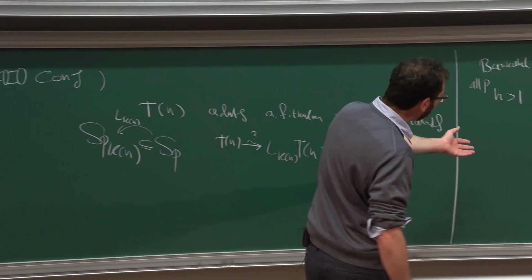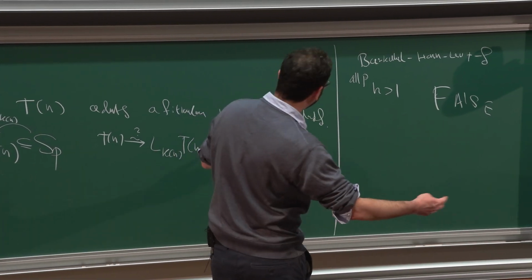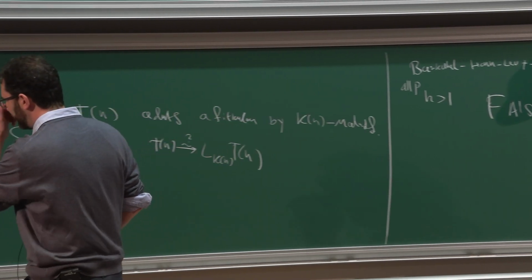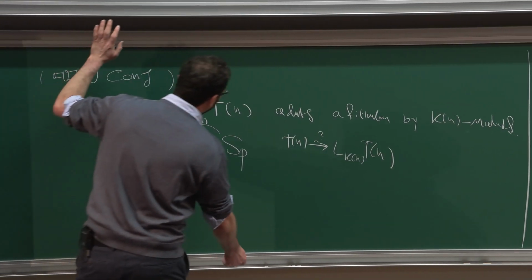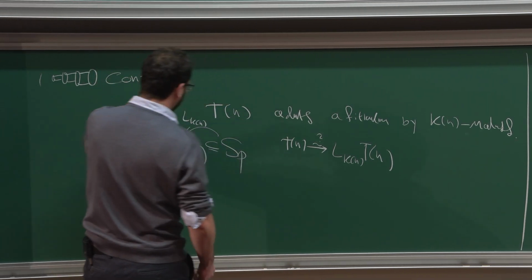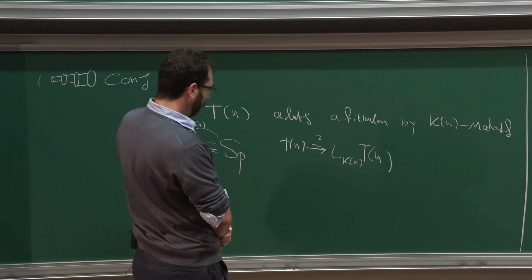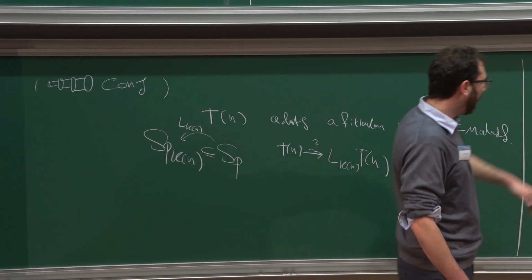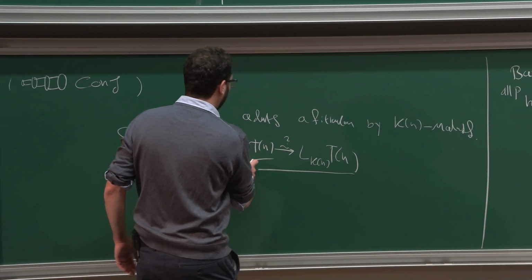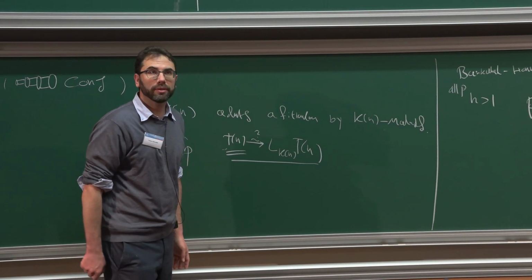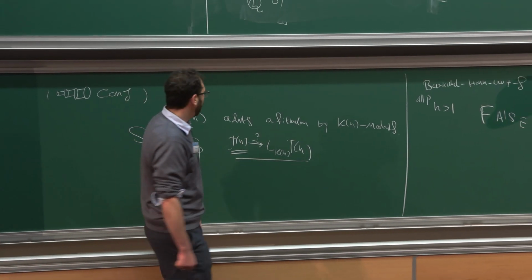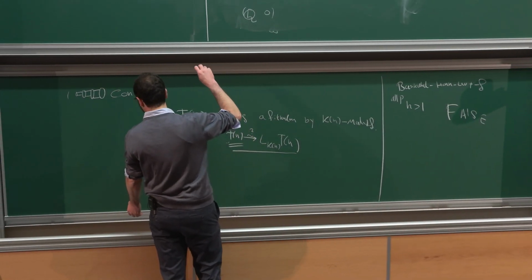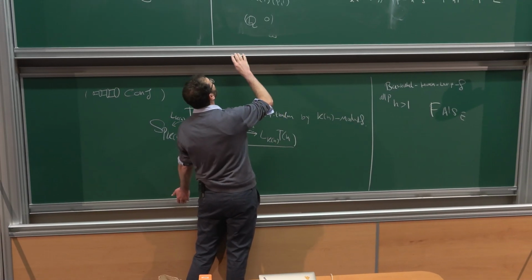Then we have the main prediction, and the theorem that the prediction doesn't work. So what is that good for? One reason that we should care is that the way that we show that this is false actually teaches something about this Tn, and in return teaches something about the stable homotopy groups of spheres.